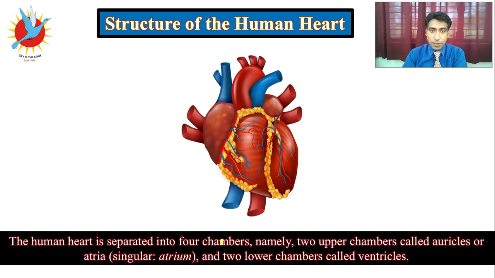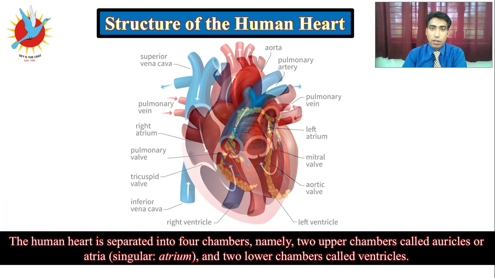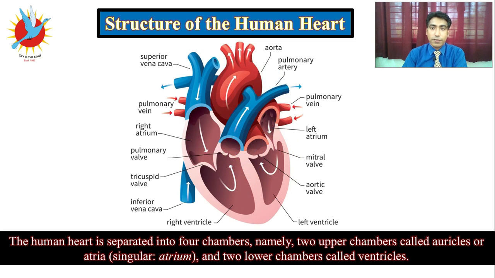But in this diagram you cannot see these chambers. To see the four chambers of the heart, we need to go through the internal structure, which is known as the anatomy of the heart.